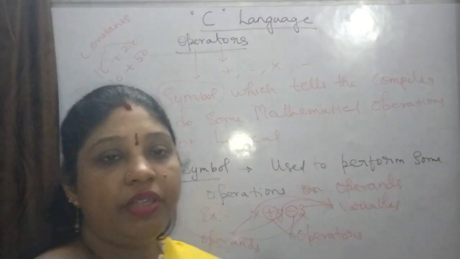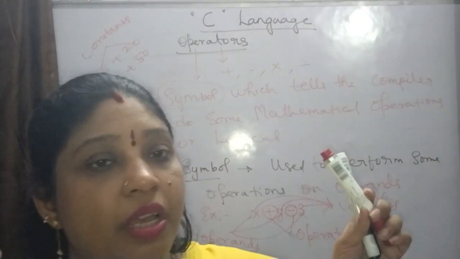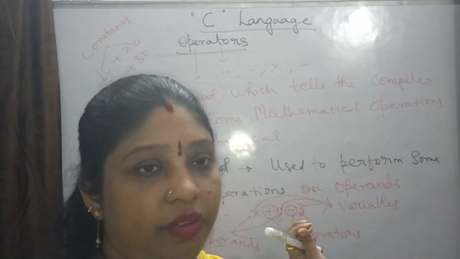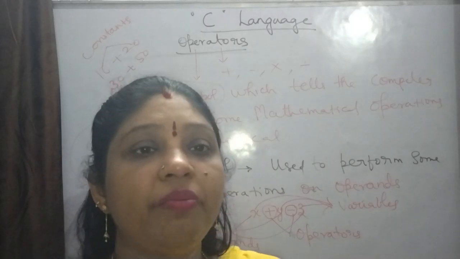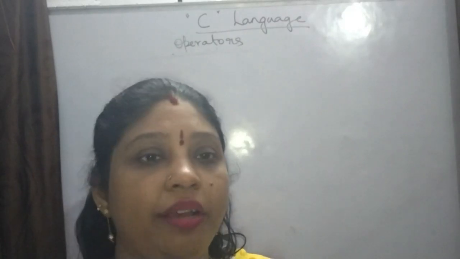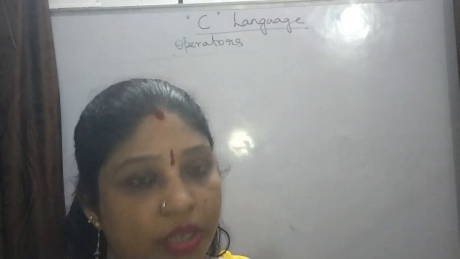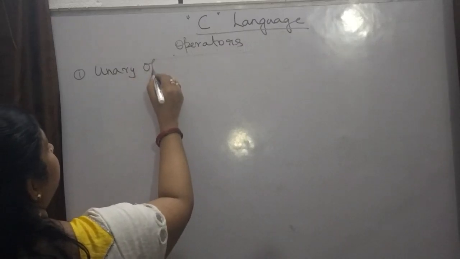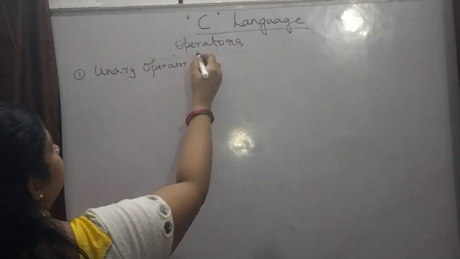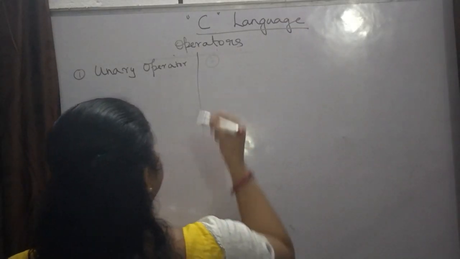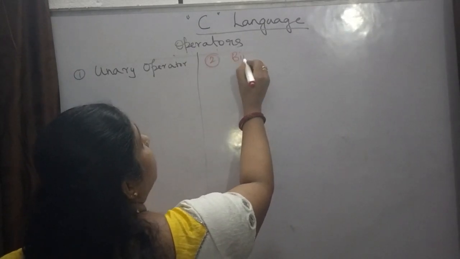Next, in our C language, altogether we have 8 operators, but they have been divided into 3 parts.